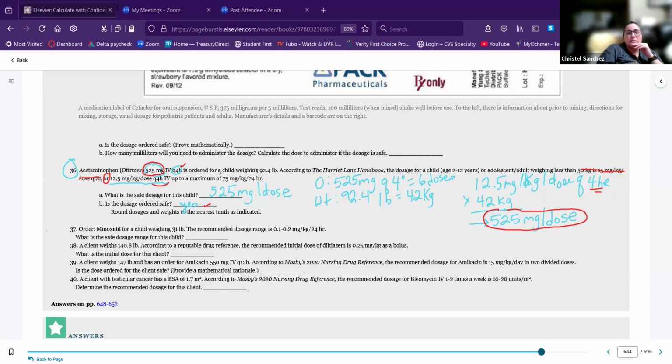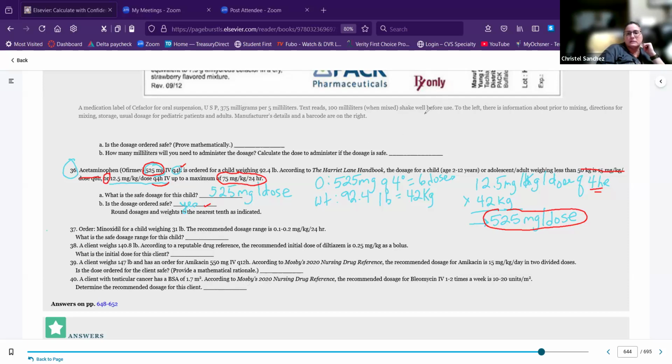So let me get y'all to do this. On this one, it tells you your patient can have a max of 75 milligrams per kilogram per 24 hours. So how would you figure out your patient's max? For this patient, if they're telling us this is the maximum this patient can have, how would you figure out the maximum milligrams per day?